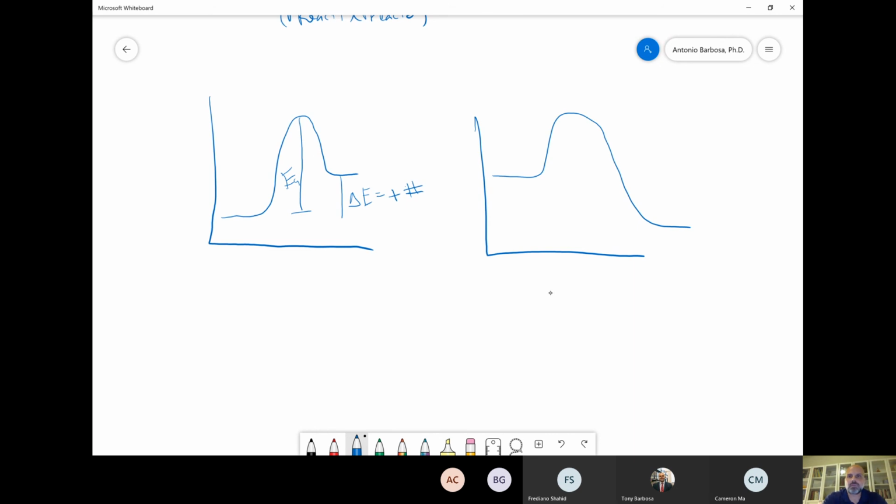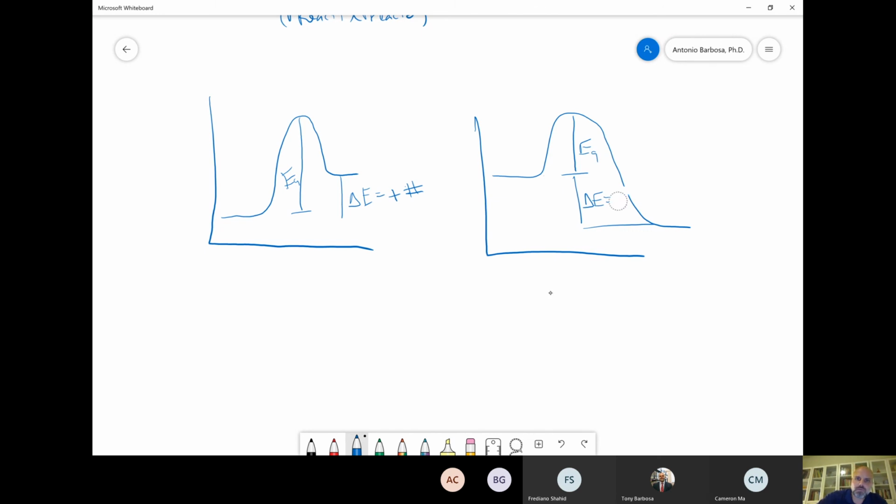Whereas in the second example, we have our activation energy here, and our delta E here is going to be a negative number.